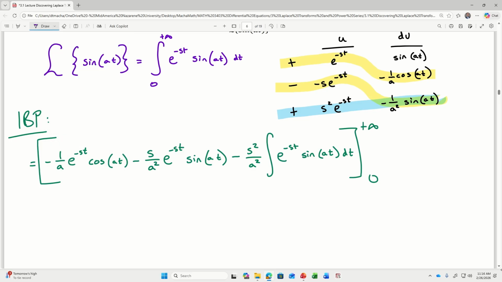And this is, right, this is the same thing. This is still that Laplace transform.